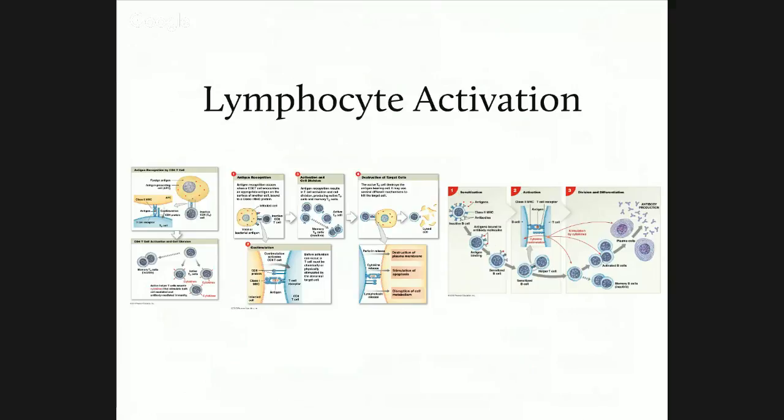Once they've passed through the positive and negative selection, if both are required, the lymphocytes leave the primary lymphoid structures and go to secondary lymphoid structures, which would be lymph nodes, tonsils, mucosa-associated lymphatic tissue, the spleen, et cetera. They wait in that secondary location until they're exposed to the antigen that they are prepared for.